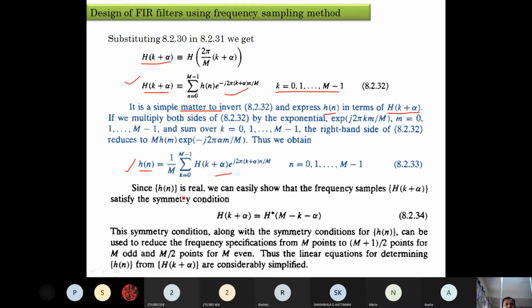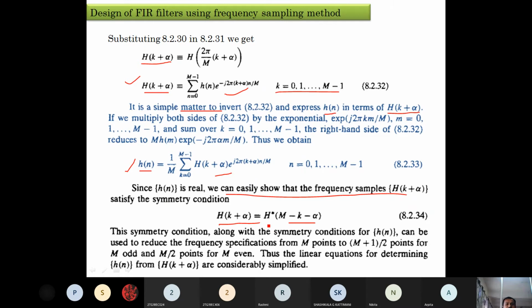So since h of n is real, we can easily show that the frequency samples, that is capital H of k plus alpha, satisfy this symmetry condition. What is the symmetry condition? H of k plus alpha is nothing but the complex conjugate of H of M minus k minus alpha.